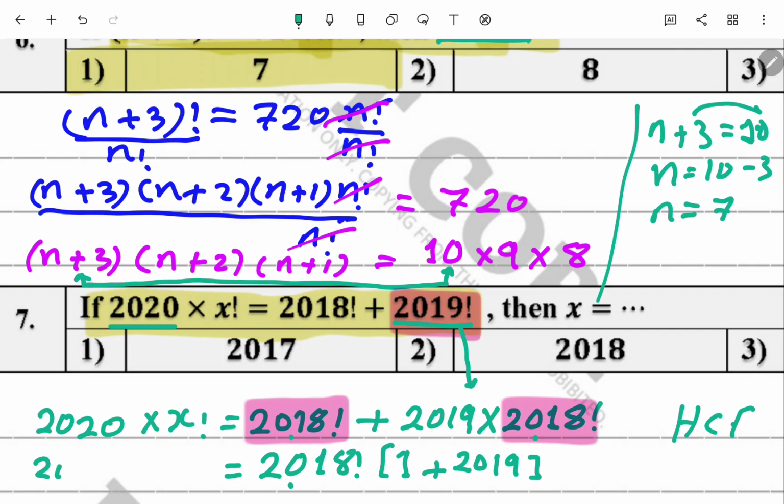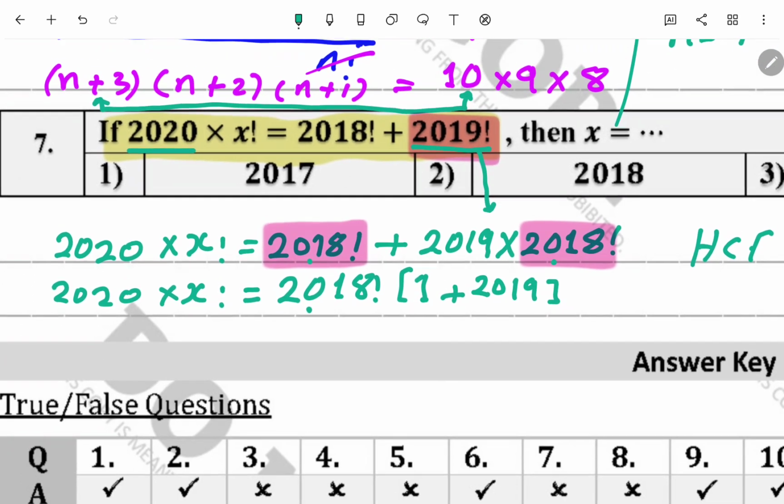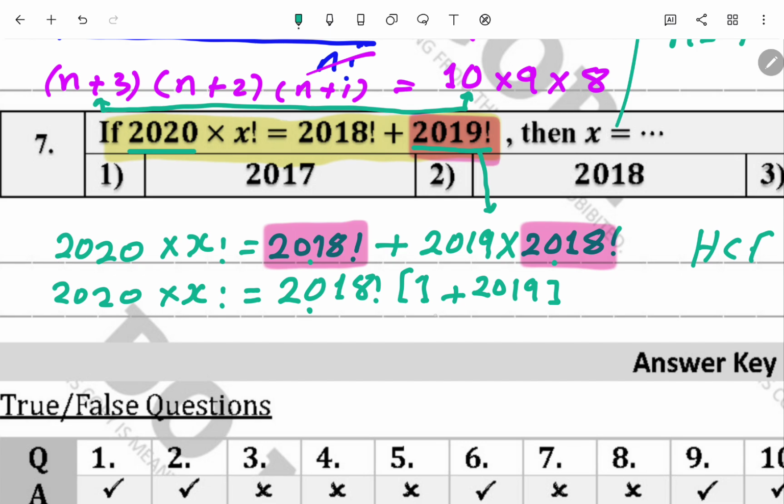To the left, keep everything as it is because we didn't do any change. Now you can add that inside the bracket to get 2020, and that all still multiplied by 2018 factorial. Compare it with the left side.